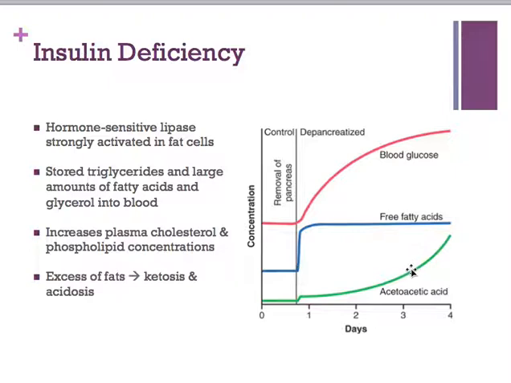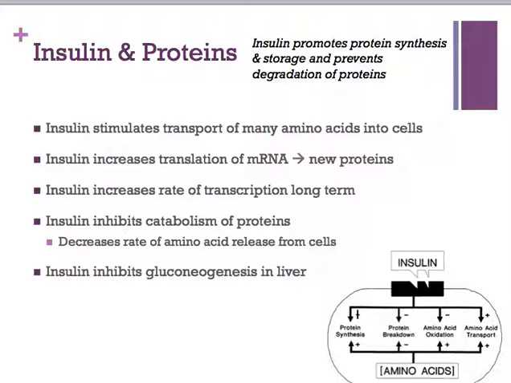That is a life-threatening problem, and it is something that we try to prevent patients from going into. So with insulin deficiency, instead of having glucose trafficked into cells that can utilize it, the glucose builds up in the blood and we have an increase in glycemia.